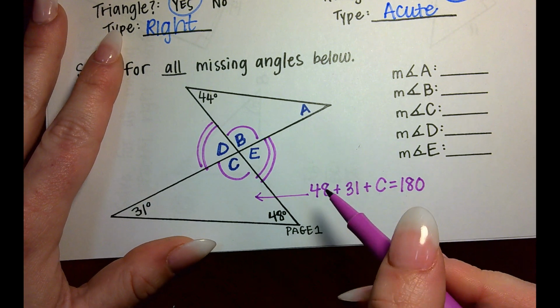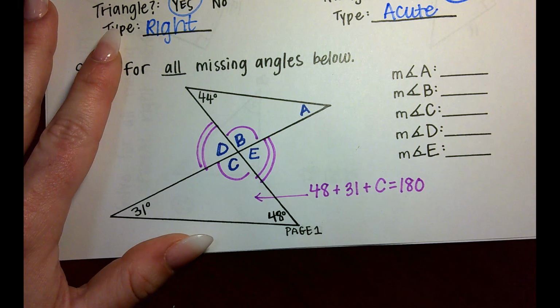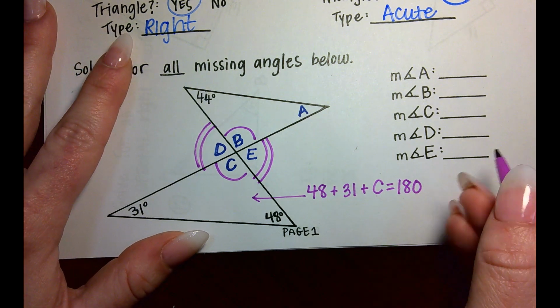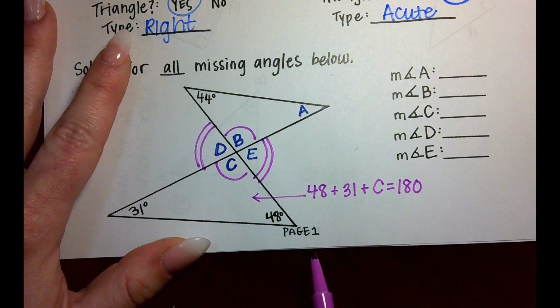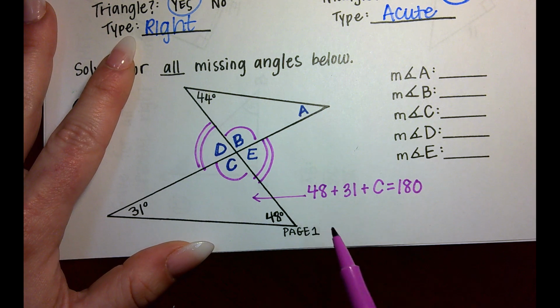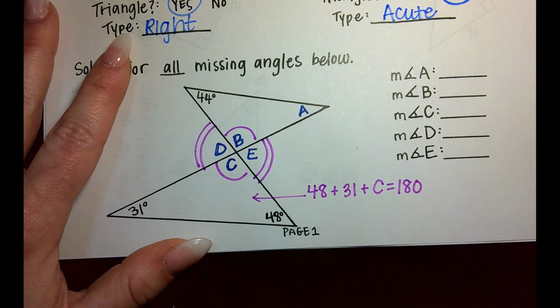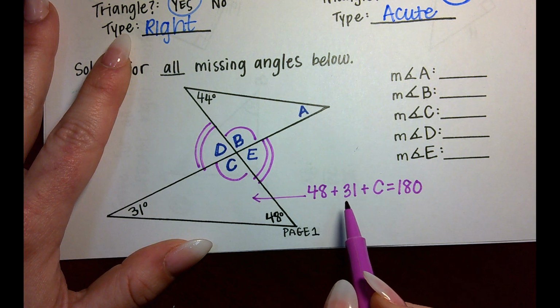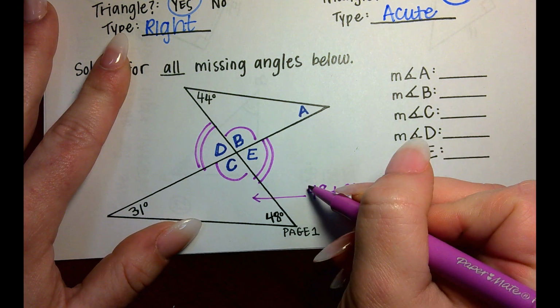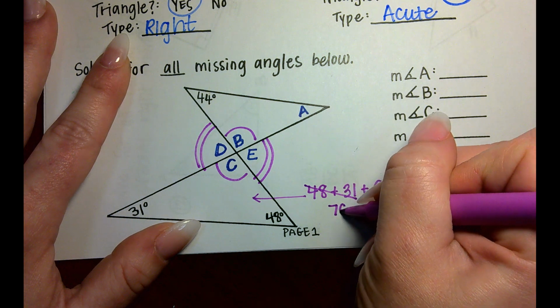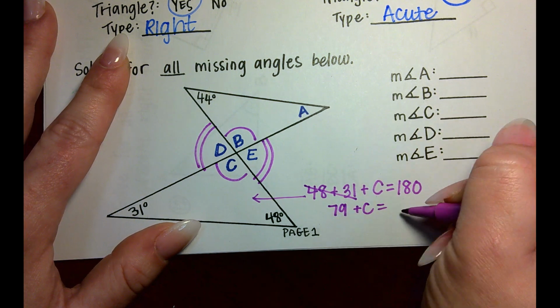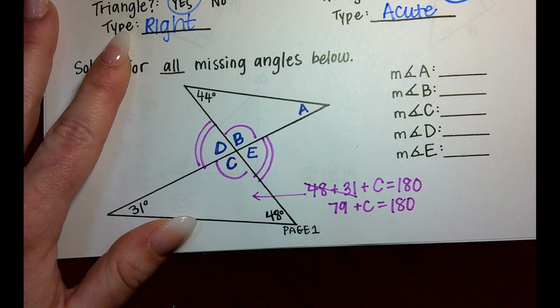And to do that, we could either combine like terms, combine your 48 and 31, or you could just subtract 31 and subtract 48 from 180. Both would work. What are you guys thinking in this equation? What do we want to do? Combine them? Okay, what's 48 plus 31? 79 plus C equals 180.